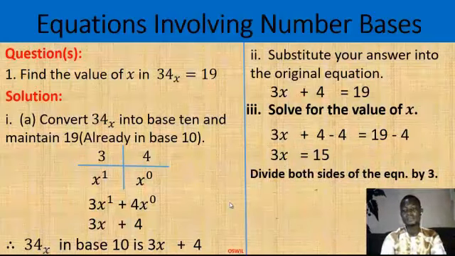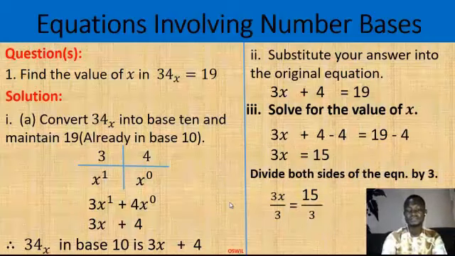Then 3x over 3 equals 15 over 3. 3 would go into 3 once. 1 times x would give us x. Then our equal to would come. 15 divided by 3 would give us 5. So we have x equals 5. Therefore, the value of x is equal to 5.